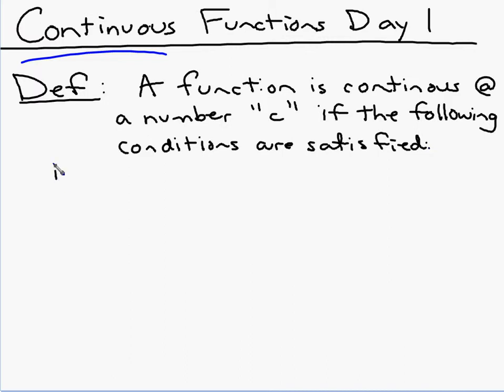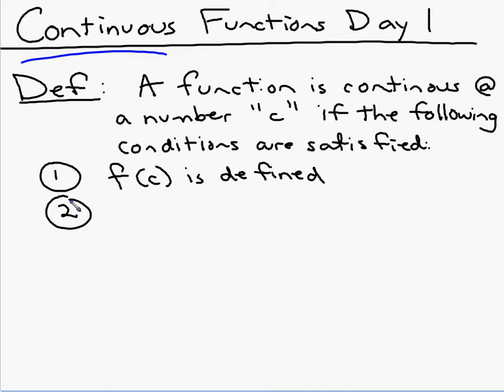Okay, a function is continuous at a number C if the following conditions are satisfied. Number one, f of C is defined. That means there has to be an f of C, and we know there's situations where it's not. Number two, the limit as x approaches C of f of x exists.